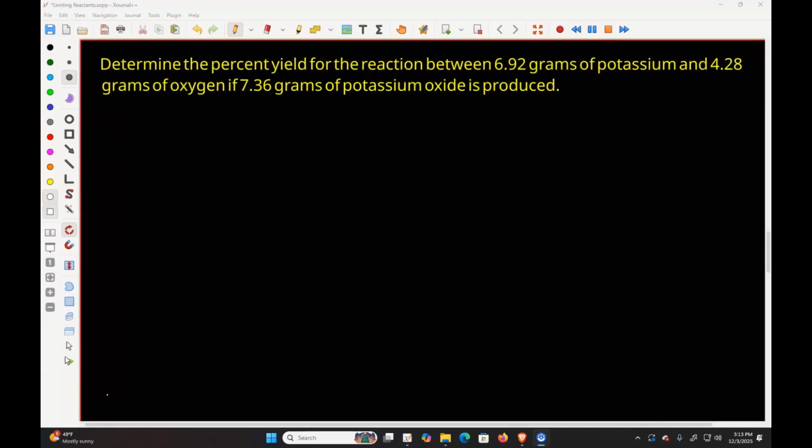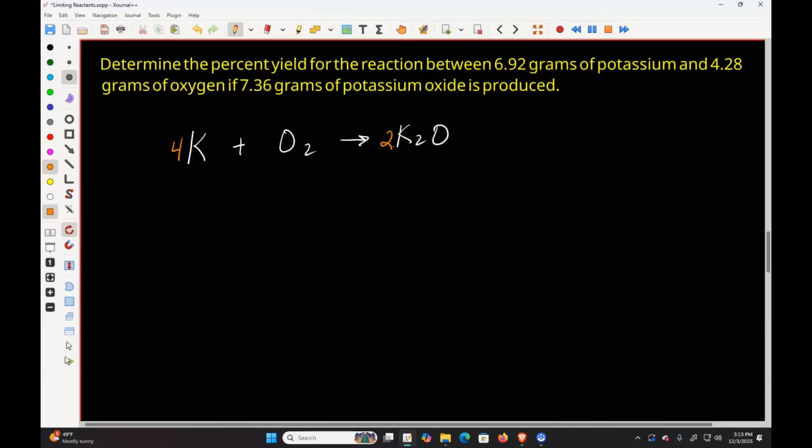In this problem, we're going to combine the concepts that we learned in the first 2 problems. So we're combining potassium plus oxygen to produce potassium oxide. Just balance it.